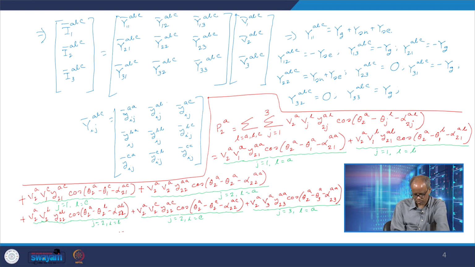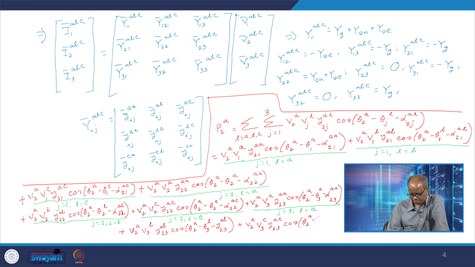plus v2a, v3b, y23ab cosine theta 2a minus theta 3b minus alpha 23ab, plus v2a, v3c, y23ac cosine theta 2a minus theta 3c minus alpha 23ac, right.